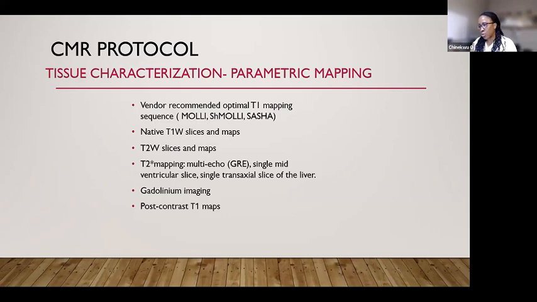So we get T1, T2 maps, then we could do T2 star weighted images and mapping, and then we do our gadolinium imaging. So this is the contrast.